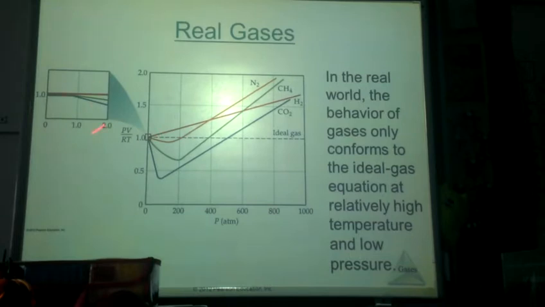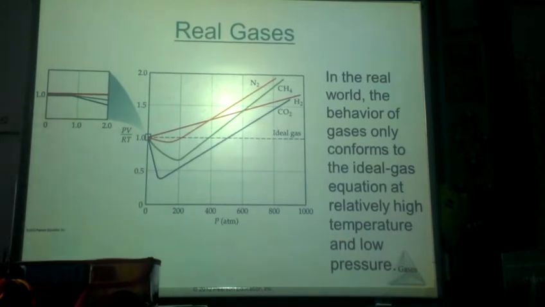At 1 mole, I can see between 0 and 1 atmosphere of pressure, all of these gases, nitrogen, methane, hydrogen, and carbon dioxide, are on an even playing field at 1 atmosphere. They're not too far off, and there's not a whole lot of deviation from ideal gas at 2 atmospheres. So at really low pressure, all of these gases will conform as being an ideal gas. They will follow that ideal gas law equation.